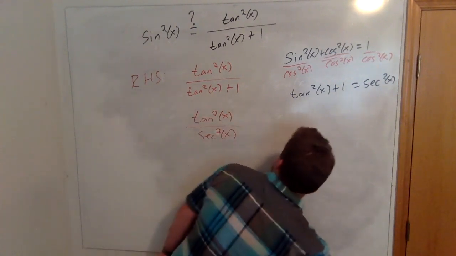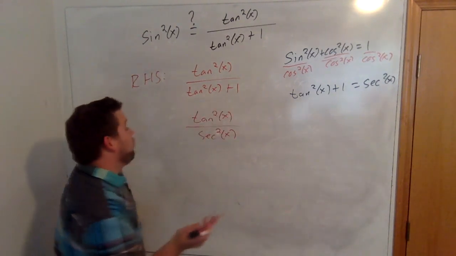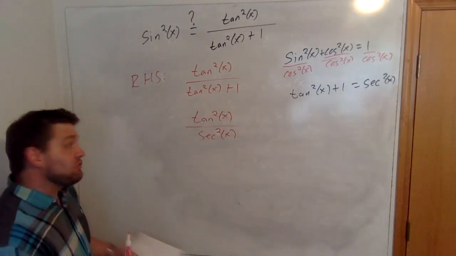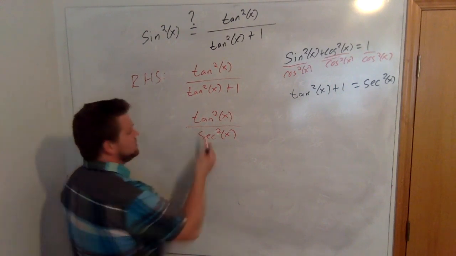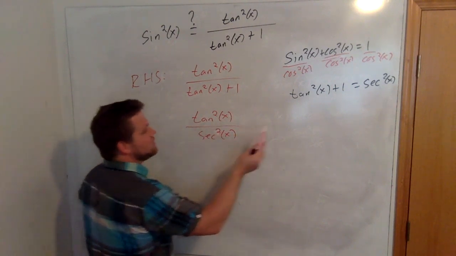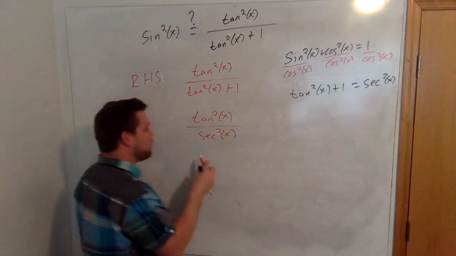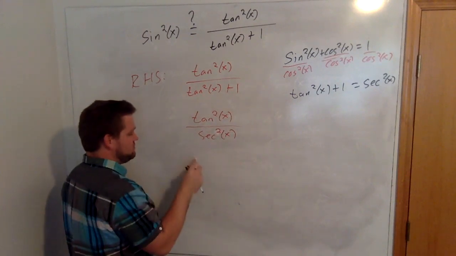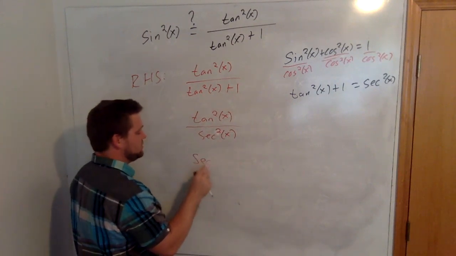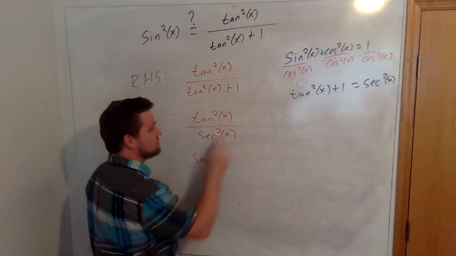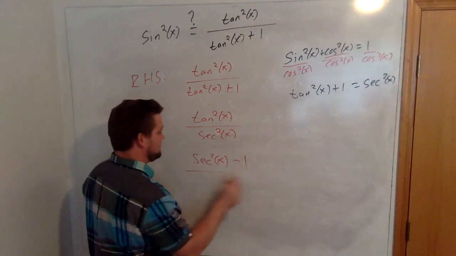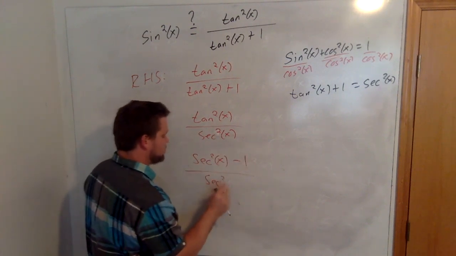Maybe another thing you could have done here is write everything in terms of secants. Well, I don't know, why not? Tan squared would be the same thing as secant squared minus 1. So maybe you said this is the same thing as secant squared of x minus 1 all over secant squared of x.